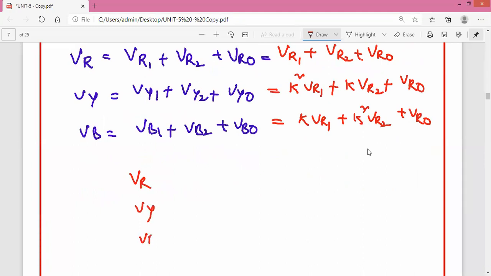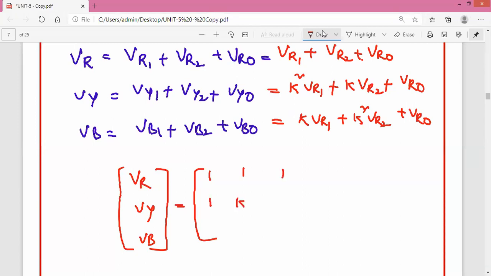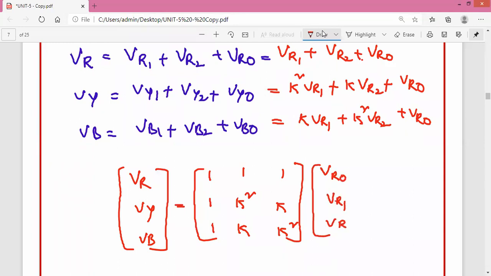unbalanced parameters in a matrix form. This will become 1 1 1, 1 k square k, 1 k k square, if you take common VR0, VR1, VR2.